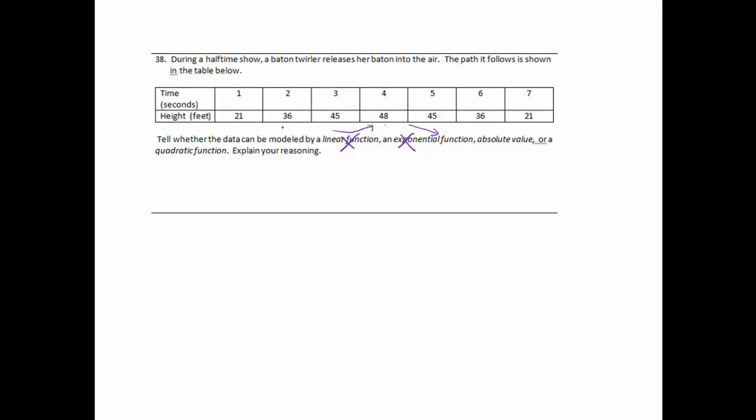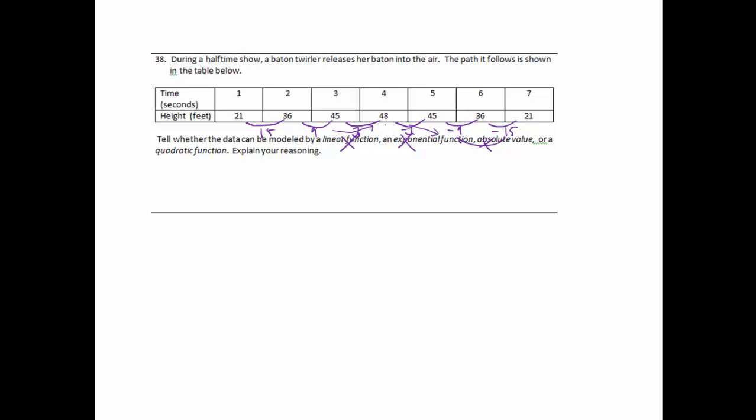So I'm going to do some subtracting. To get from 21 to 36, that would be 15, 9, 3, -3, -9, -15. Okay, so it's not absolute value, which means it must be quadratic.